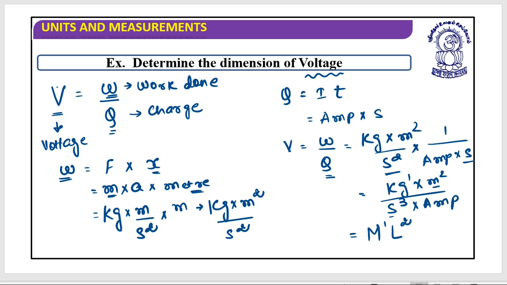Second to the power 3, but it is in an inverse ratio, so I should write T to the power minus 3. Ampere to the power 1, but again inverse. So this is M1 L2 T minus 3 A to the power minus 1. Clear? Yes, there are certain chances that you might not have practice with work done.